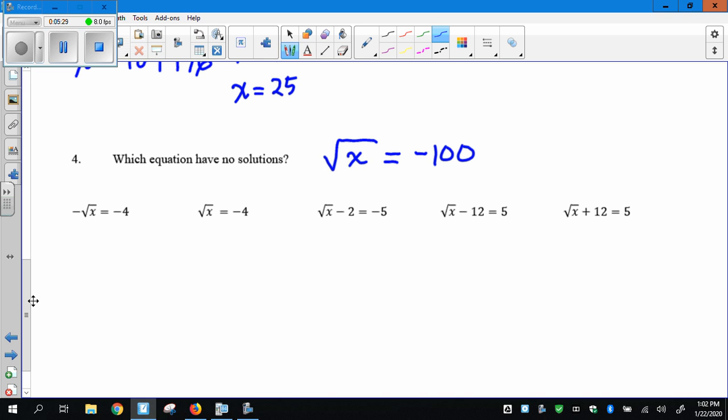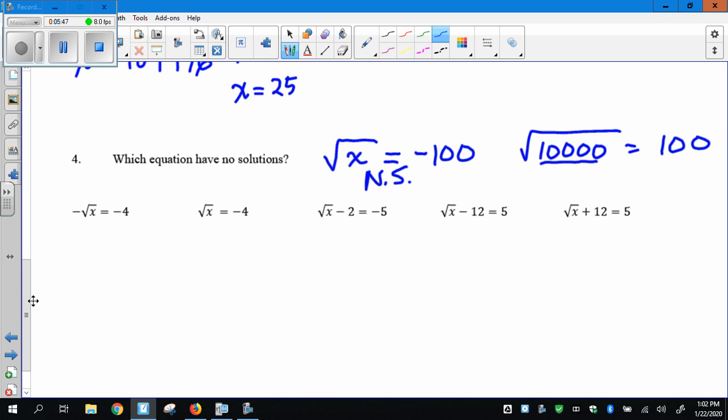Because if I do negative 100 times itself, I get 10,000, and the positive square root of 10,000 is actually 100. So there will be no solution when you try to get a positive square root to be a negative number.